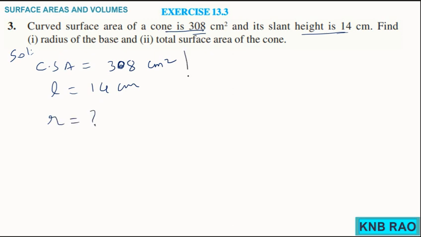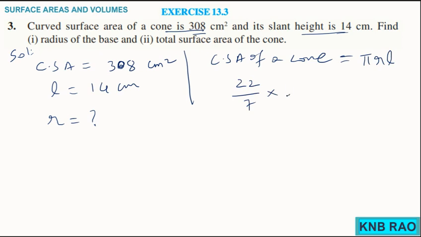First we will go for the CSA of any cone. The CSA of a cone is pi r l. By substituting the value of pi as 22/7, r we don't know so we will keep it as it is, into the l value 14, equate it to 308.